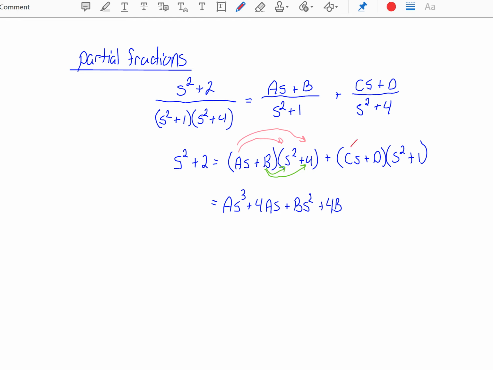Similarly, let's multiply the cs and then also the d to get cs cubed plus cs plus ds squared plus d.